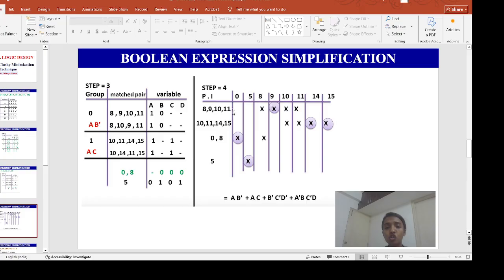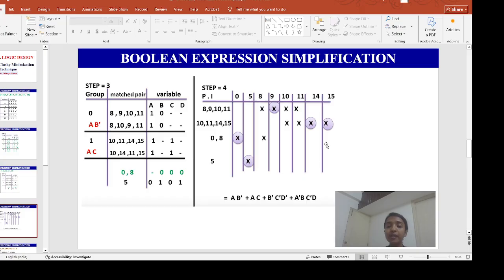Now, this is 8, 9. What we have to do? We will put a cross across 8, 9, 10, 11, right? Then 10, 11, 14, 15, across 10, 11, 14, 15 also we will put a cross, okay? 0, 8: across 0 we will put 1 cross, and across 8 we will put 1 cross, and 5 we will put 1 cross. Now these are separate columns, right?